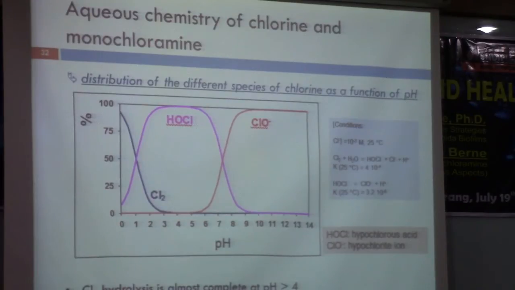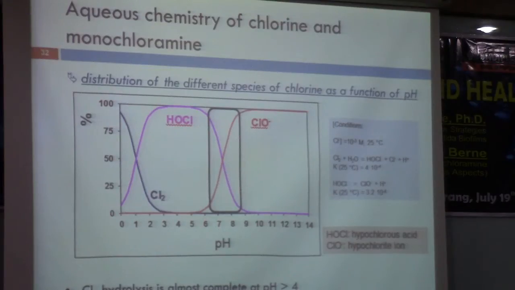So in the field of water treatment, we do not have this form, but we have only two forms, the hypochlorite ion here, for the higher pH values, and HOCl, hypochlorous acid, and here, this is the pH range for water treatment, and you see you have the two forms.